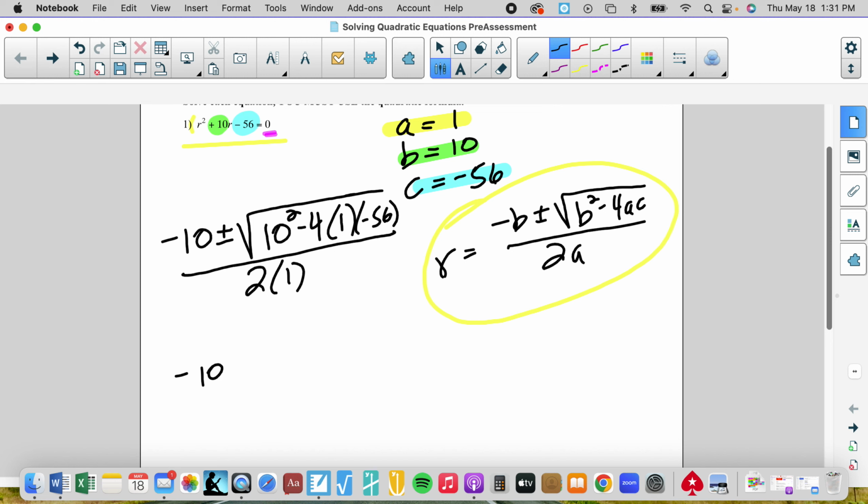So we're going to simplify this expression. So 10 squared, it's plus or minus. 10 squared is 100. Negative 4 times 1 is negative 4 times negative 56 is 224, over 2.